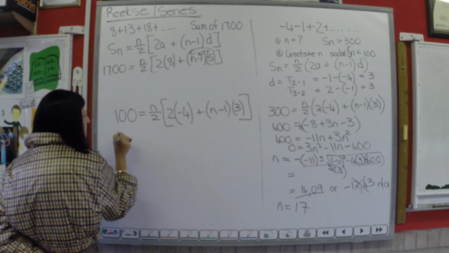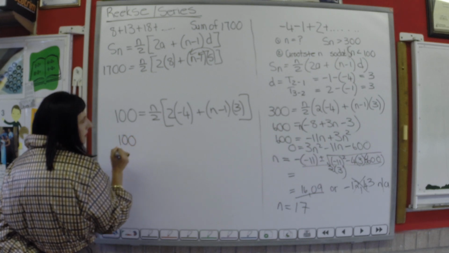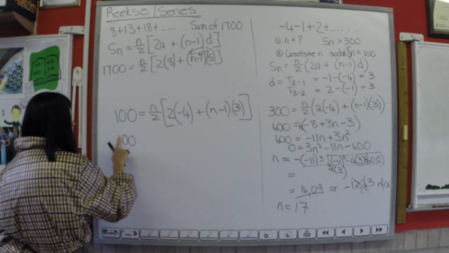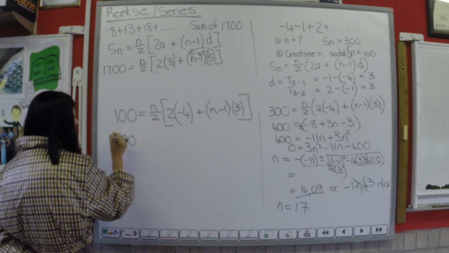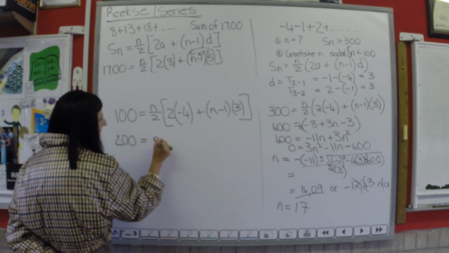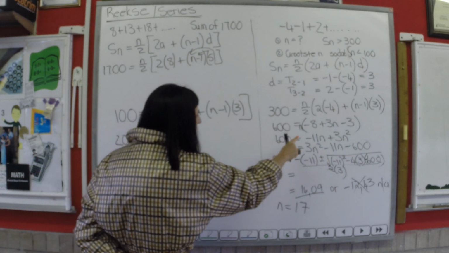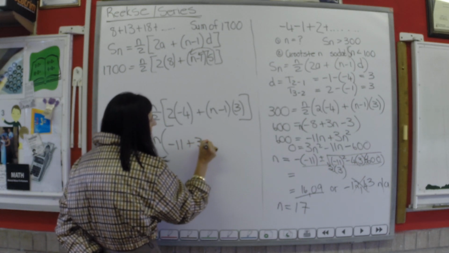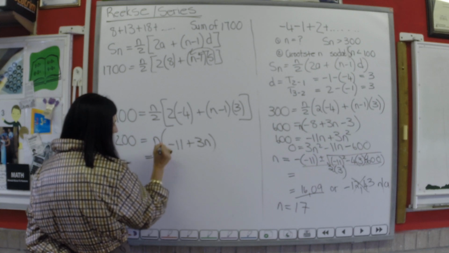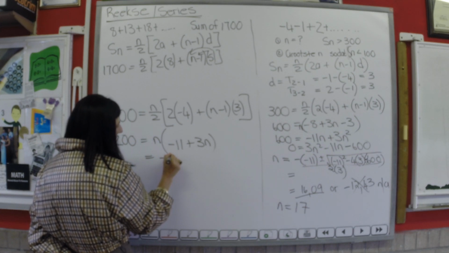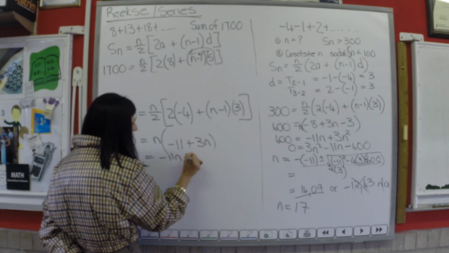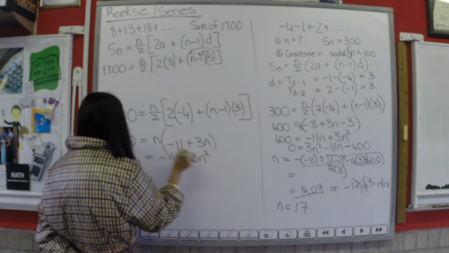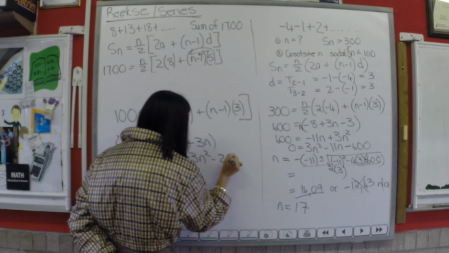So dan gaan ons alles weer uitvermenigvuldig. 100 word dan maal 2 word 200, dan met n. En dan gaan dit dieselfde wees as hierdie minus 11 plus 3n. Gaan ek invermenigvuldig minus 11n plus 3n square. En dan moet ek onthou, hy word negatief 200.